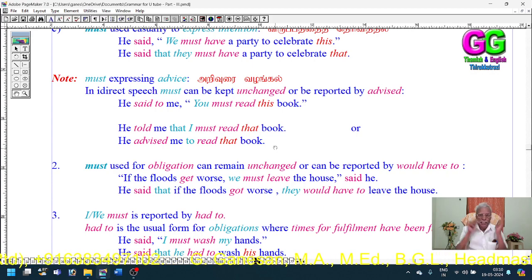When it is used as an imperative, the reporting verb advised is used. He said to me, you must read this book. He told me that I must read that book. He advised me to read that book. In either way, it could be expressed.